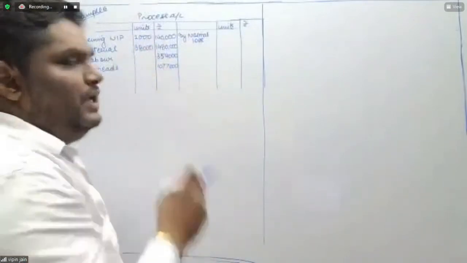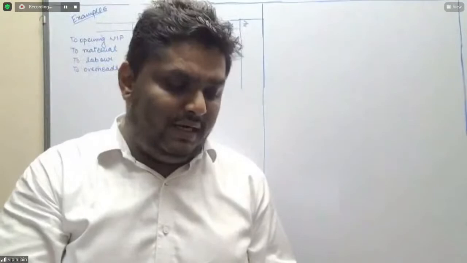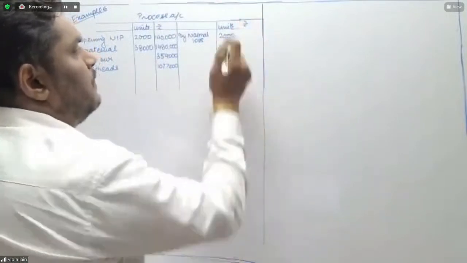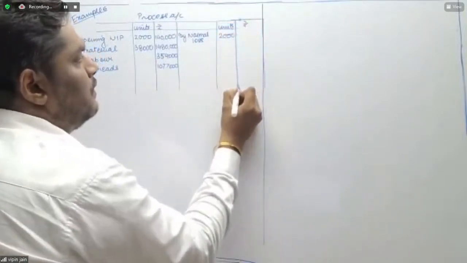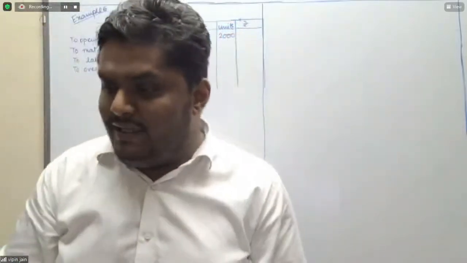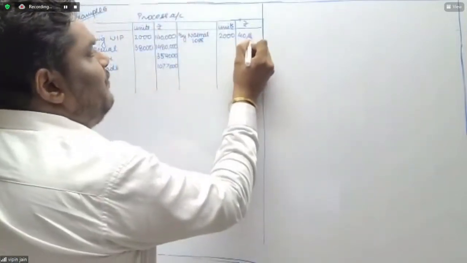So 38,000 plus 2,000, that is 40,000, and 40,000 into 5%, that is 2,000 is the normal loss units. Further, it is given in the question that the scrap value realized is rupees 20 per unit. So therefore, the total scrap value will be 40,000.